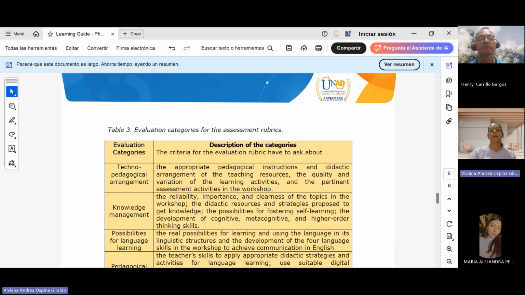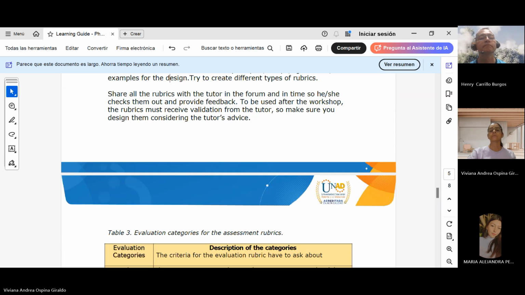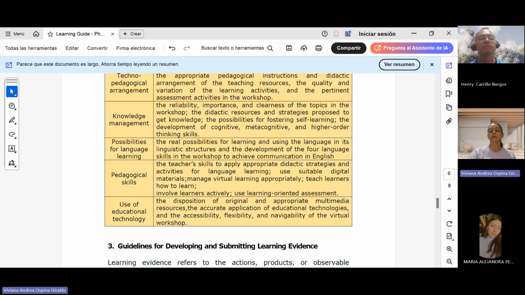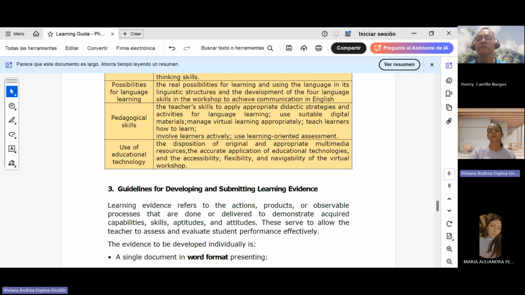Once you have all that information, we have here some advice for you. You can take a look at this, which categories you're going to take into consideration, and then the guidelines for developing. This is a guide that is very helpful. So if you go through it step by step, you will be able to finish your work.